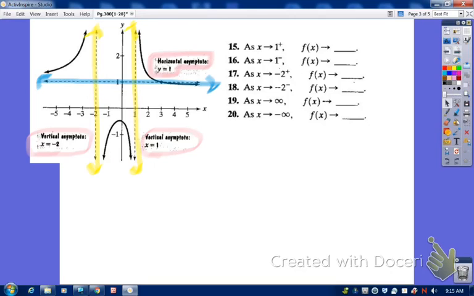You're approaching 1 from the left, and you've got to get on your graph. So if we're approaching 1 from the left, we're on this piece of the graph right here. What are the f of x values doing here? They're approaching negative infinity because the graph's going straight down there.